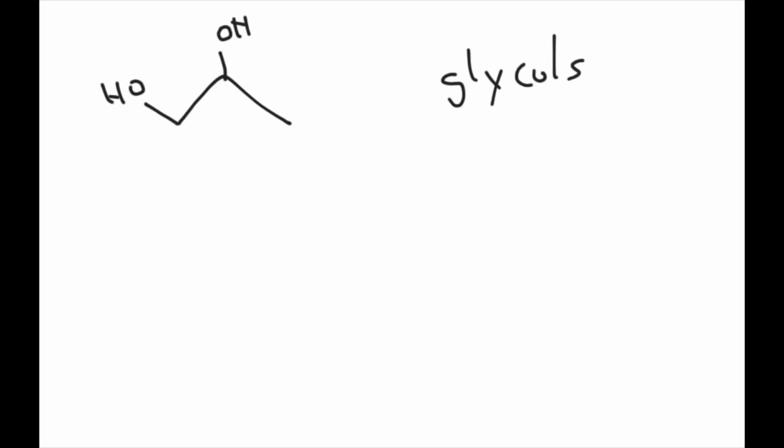There's another common name for diols as well. If the diol is on adjacent carbons, for example, I have a propane group and I have an alcohol here and an alcohol here, we give these the term glycols as well, so you might hear these in antifreeze. There's ethylene glycol and propylene glycol. So you start with the carbon chain 1, 2, 3. This is a propyl group, so we're going to call this propylene glycol.